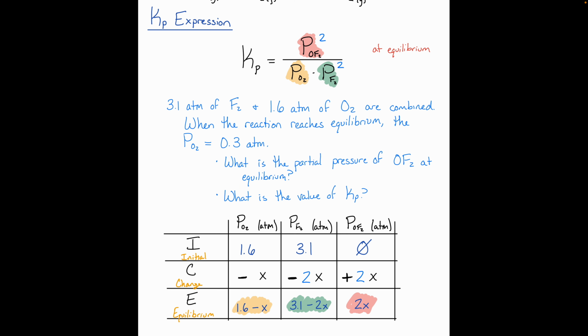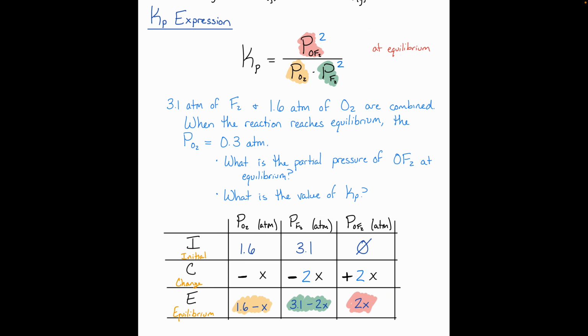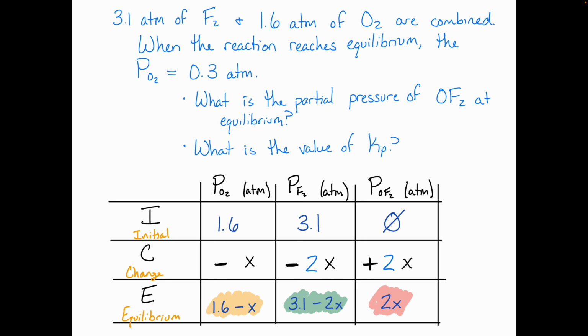Okay? Now, this is always going to be our strategy for building our ice table. Our ice table contains this unknown variable that we don't know, x, and we're always going to be trying to solve for x. Exactly how we solve for x is going to depend on the information that's given to us in the problem. So let's read our problem carefully.